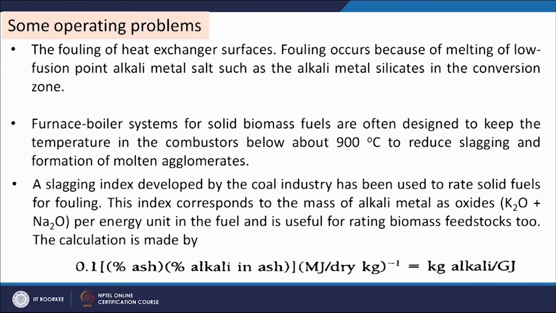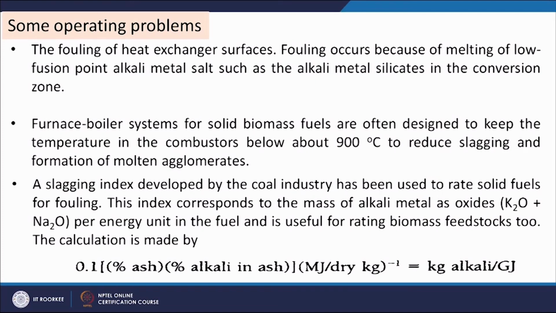Two important problems, one is slugging. Slugging will appear when the sodium and potassium oxides, the alkali metal oxides which are low melting, are available in the waste to a higher extent.